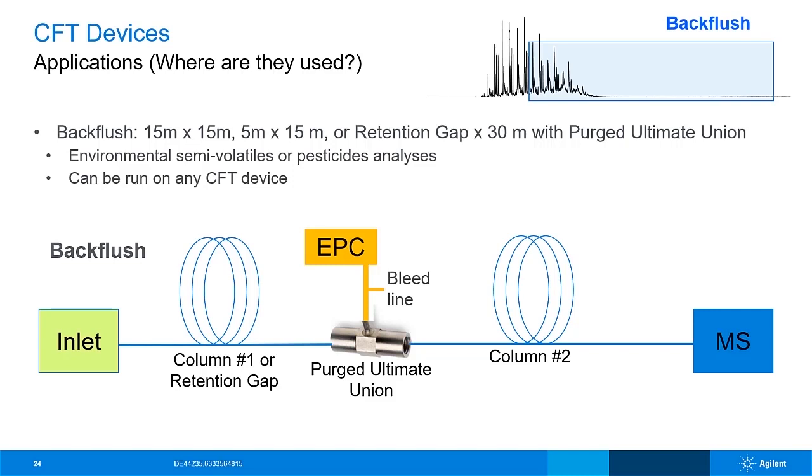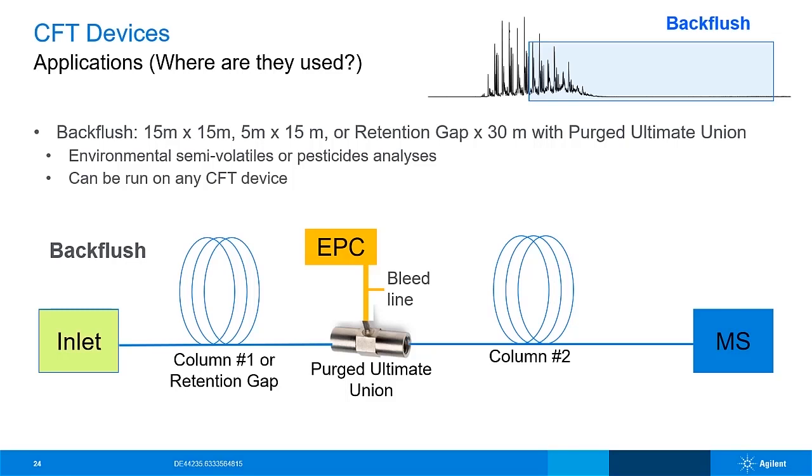Shown here is an example with a 15 by 15 meter mid-column backflush setup. This is commonly used in pesticide analysis, but it's also applicable to environmental semi-volatiles analysis with dirty matrices. Now column 1 could be shorter than column 2, like a 5 meter by 15, or column 1 could be a retention gap instead of a separating column. It depends on what you need to match and fit your analysis.